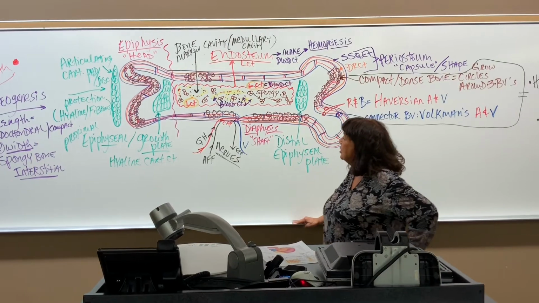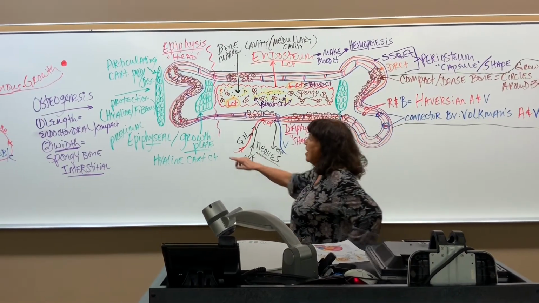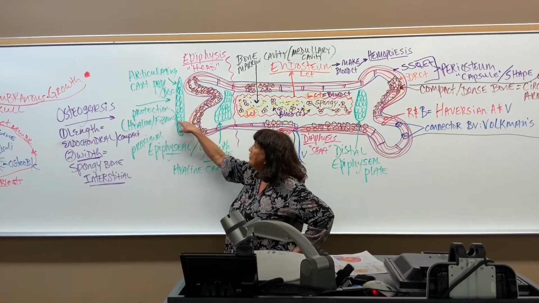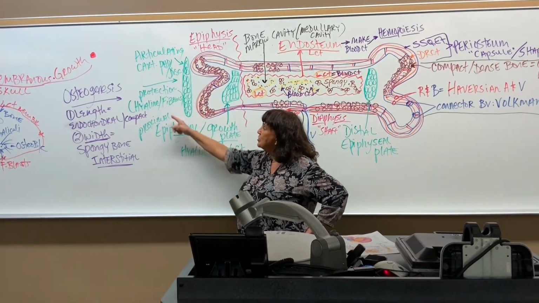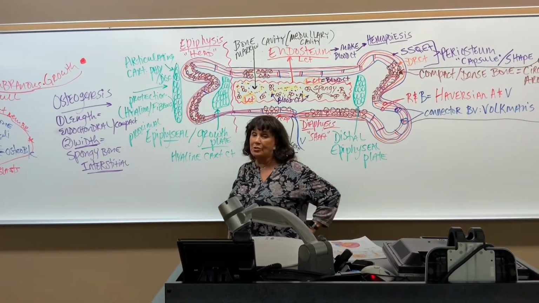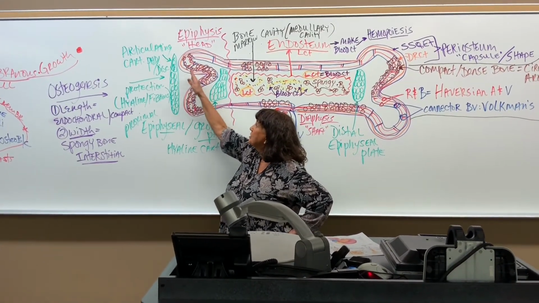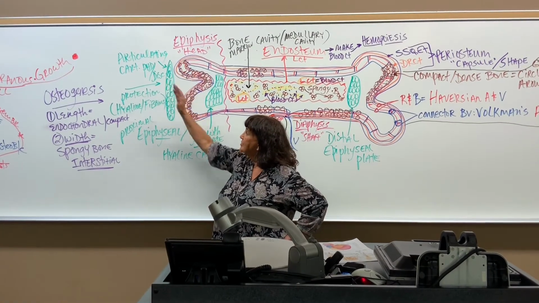All right, so now what else? We also have on the ends of movable bones an articulating cartilage pad or disc, and that's usually made out of hyaline or fibrous cartilage. It's protective so that your periosteum and your compact bone don't rub against each other.